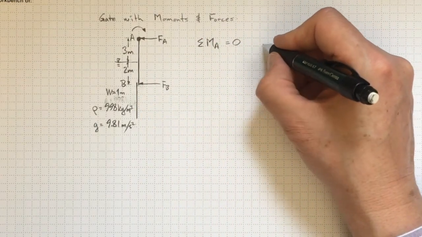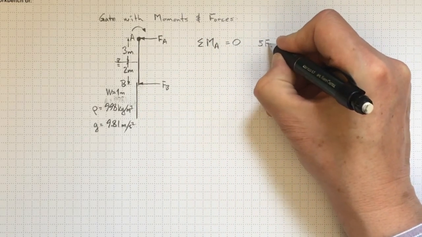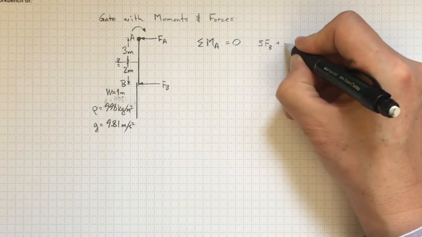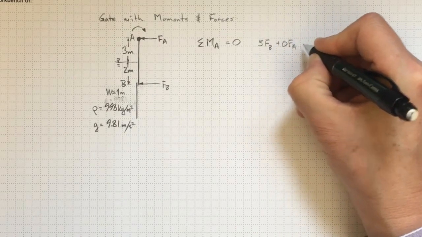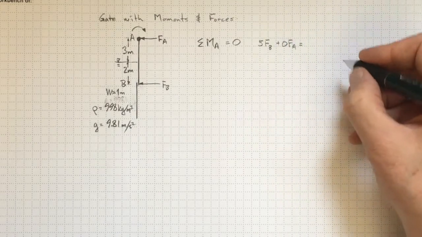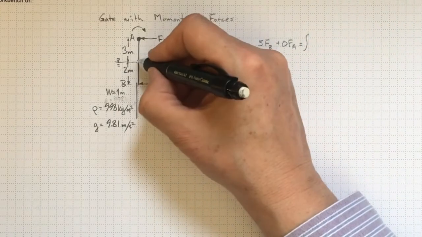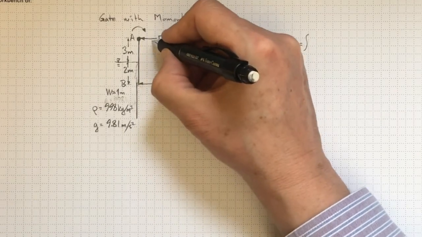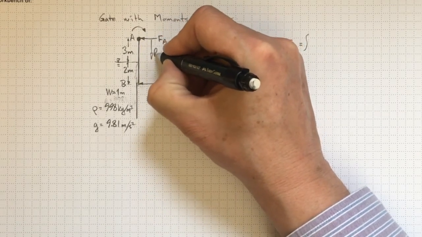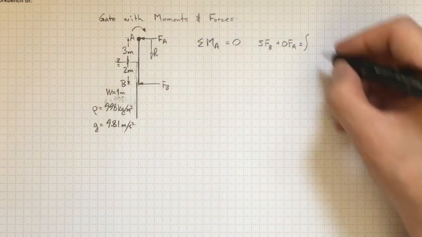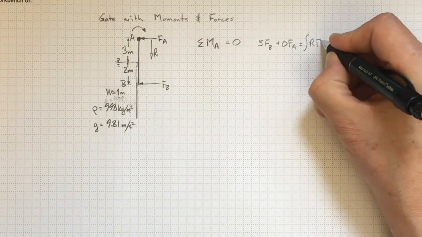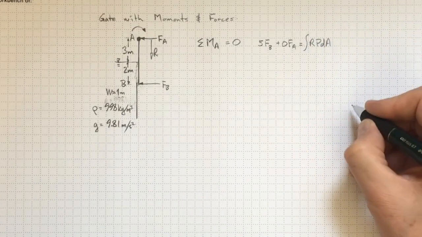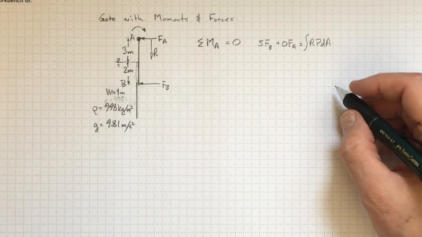So we'll wind up with 5 times FB plus 0 times FA being equal to the integral over the region of interest, and that's this zone in here, of the distance r times P dA. And we're going to neglect atmospheric pressure.